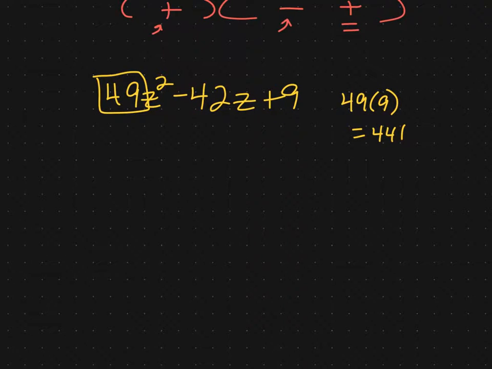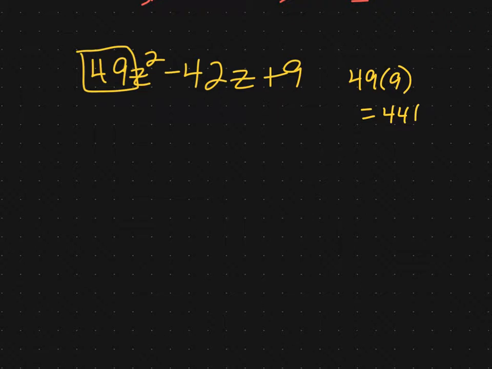So we got to try to find 2 factors of 441 that add up to negative 42. Okay, well here's what we've been doing. We've just been starting at 1 and going up.